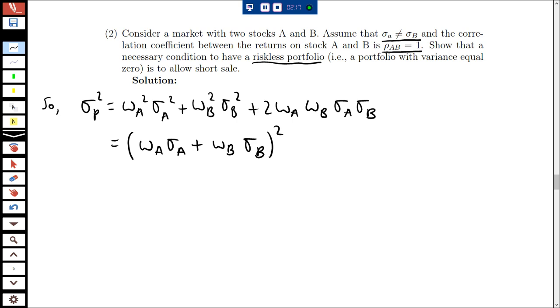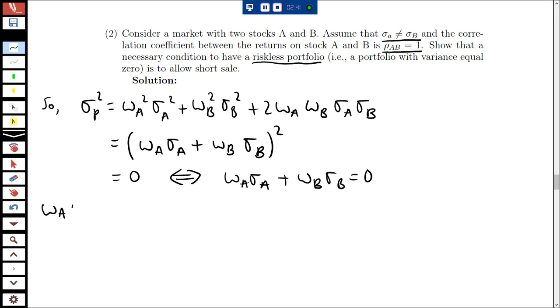And this equals 0 if and only if the thing that we're actually squaring is equal to 0. Okay, so we can do some work on this.